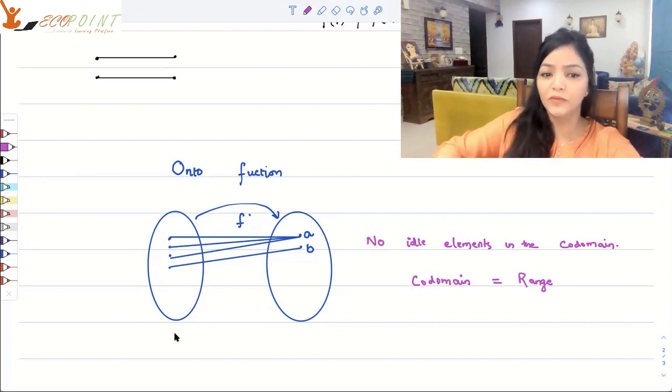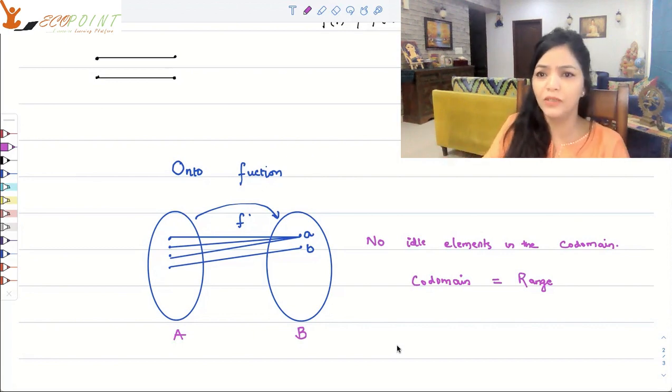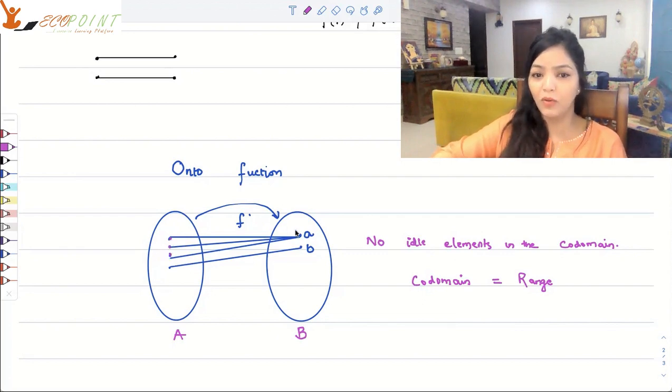So in terms of elements, if this is A, this is B, for every entry in B, you need to have a pre-image in A, whether it is a unique pre-image or not. As you can see here, these three entries are mapped all to A. That's okay. We're not looking at one-to-one, we're looking at onto.